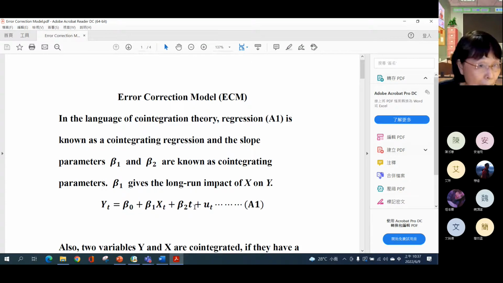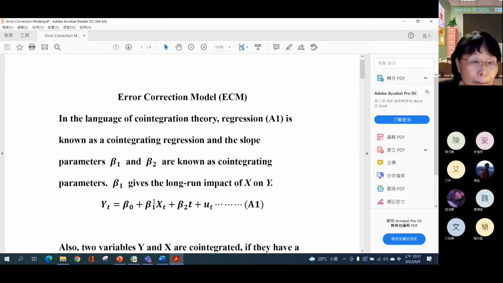Since I already have time as a variable in my example, I'm using this example. So A1 is known as the co-integrating regression, and the slope parameters beta 1 and beta 2 are known as co-integrating parameters.